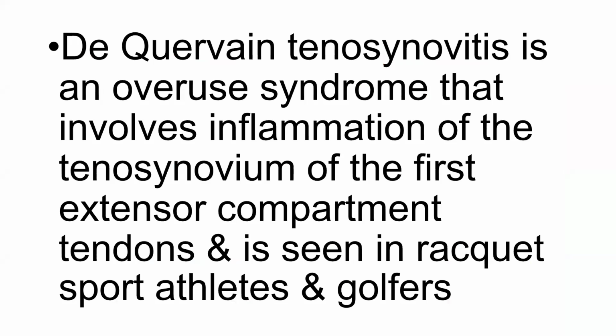De Quervain tenosynovitis is an overuse syndrome that involves inflammation of the tenosynovium of the first extensor compartment tendons and is seen in racket sport athletes and golfers. These sports lead to repeated flexion, extension, abduction, and adduction of the wrist, irritating these tendons as they pass through tunnels or as they intersect with other tendons, leading to a synovitis.